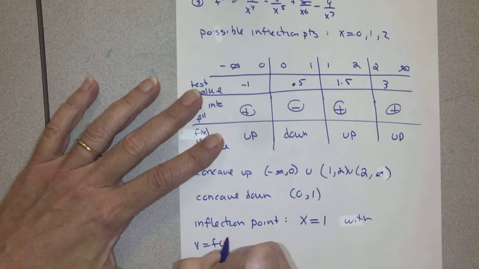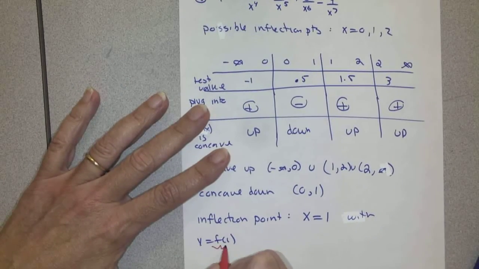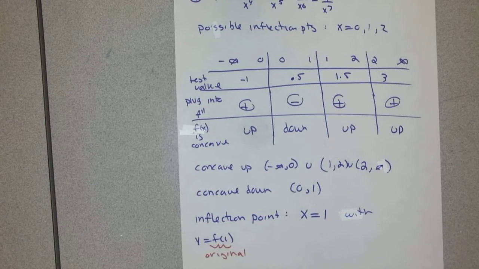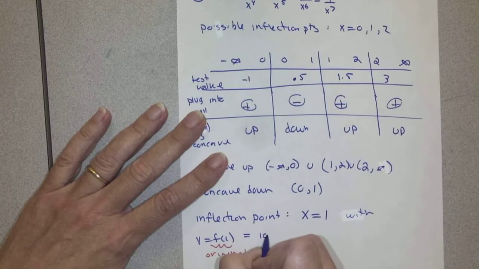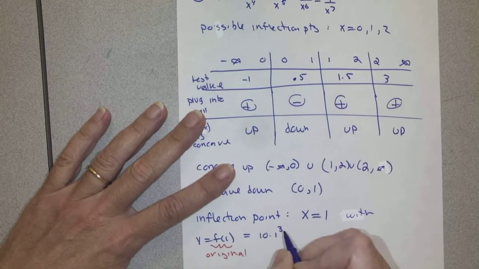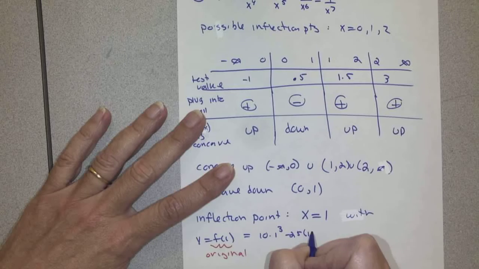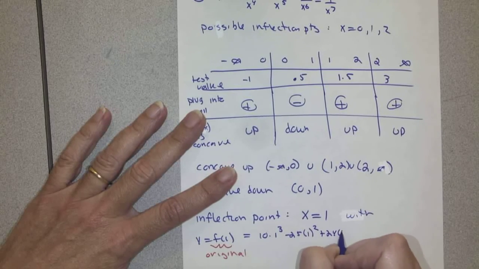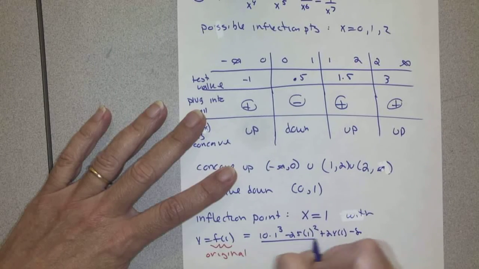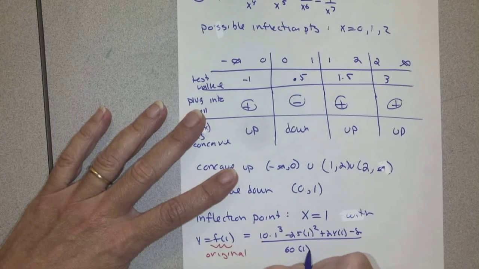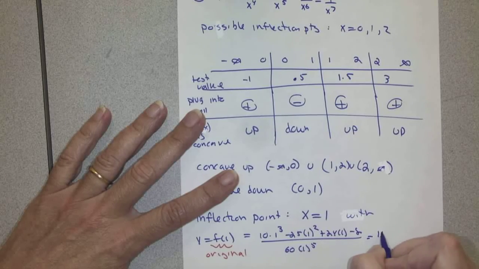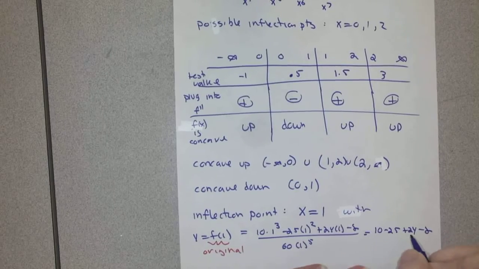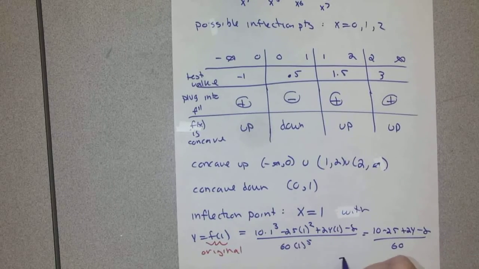With y equal f of 1, always the original function. And so plugging into the original function, that'd be 10 times 1 cubed minus 25 times 1 squared plus 24 times 1 minus 8 all over 60 times 1 to the 5th. And what do we got there? 10 minus 25 plus 24 minus 8 over 60.